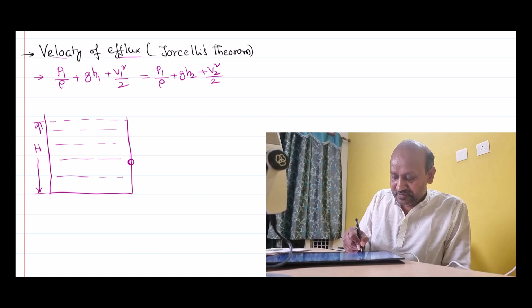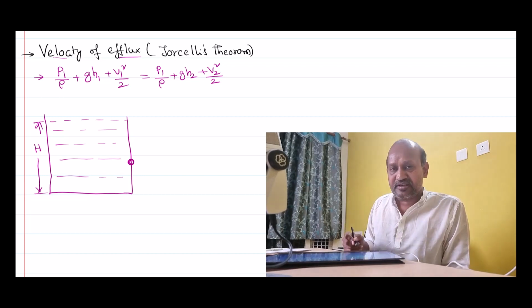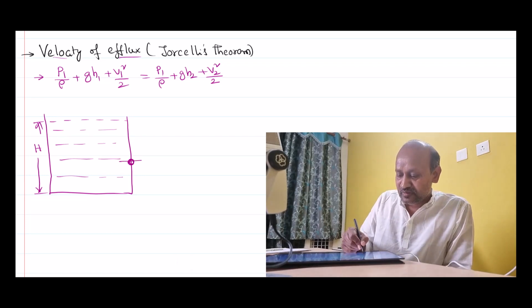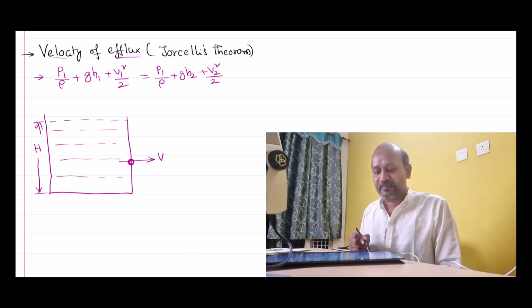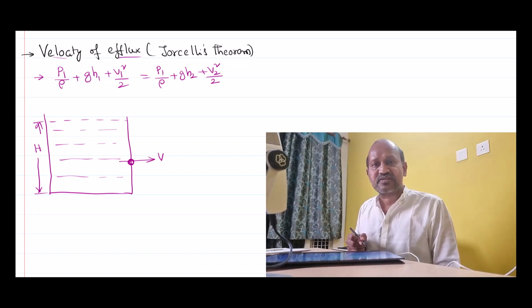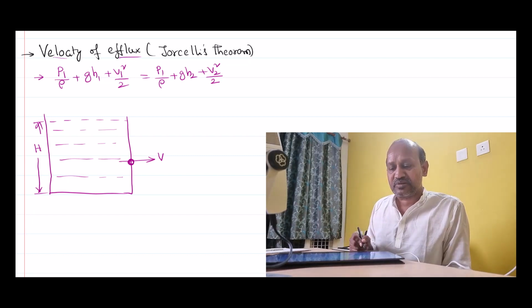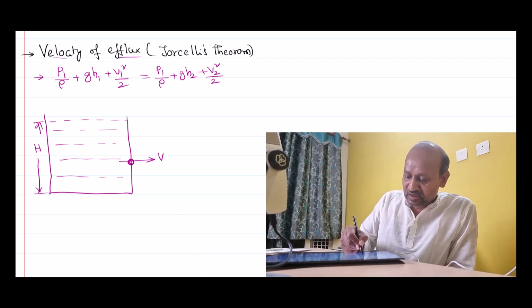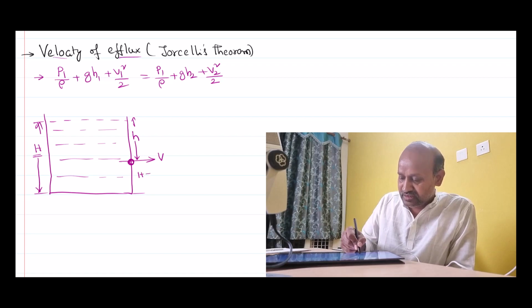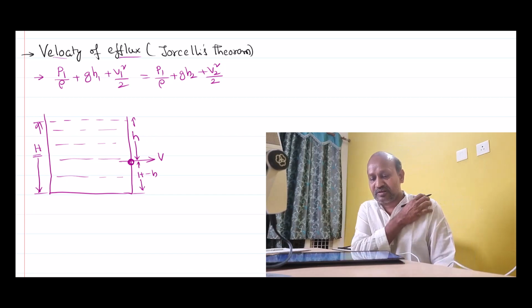Here we have a small opening in this vessel through which this fluid comes out. It comes out with a certain velocity, and that velocity is called velocity of efflux, and we want to calculate that velocity itself. Let this small hole be at a height h from the top. So from the bottom, as the total height is H, it will be at a height of capital H minus small h.